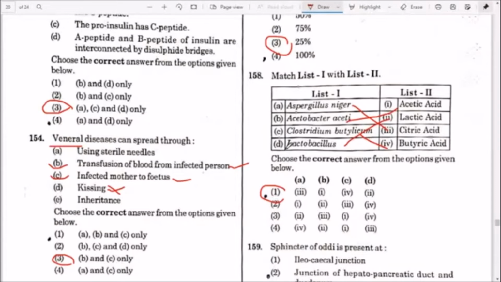The names themselves say lactic, butyric, aceto, and what is remaining? Aspergillus niger, citric acid, right? This way also you can choose the correct option. Option number 1 is the correct option, students.